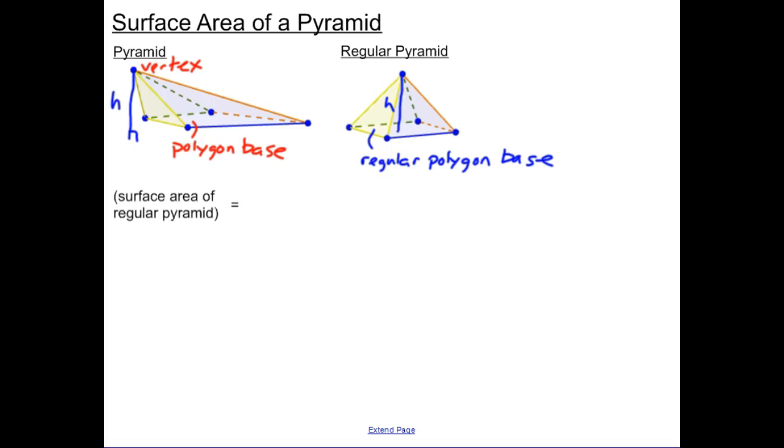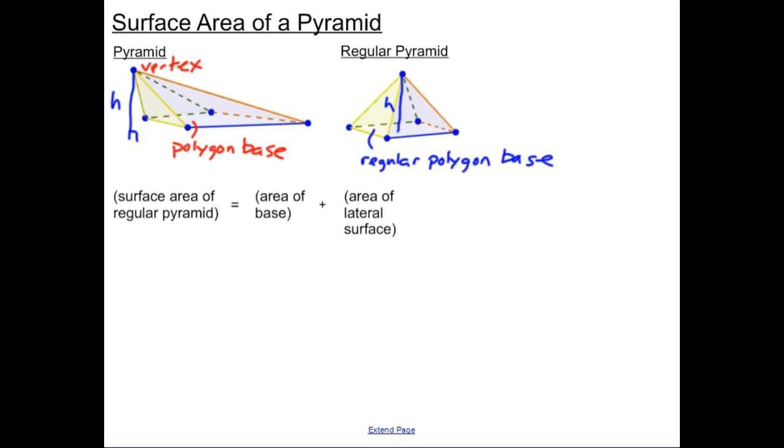My surface area of a regular pyramid is going to be equal to the surface area of the base plus the surface area of the lateral surface. That's the side surface. If we have n sides to our polygon, we're going to have n lateral faces.